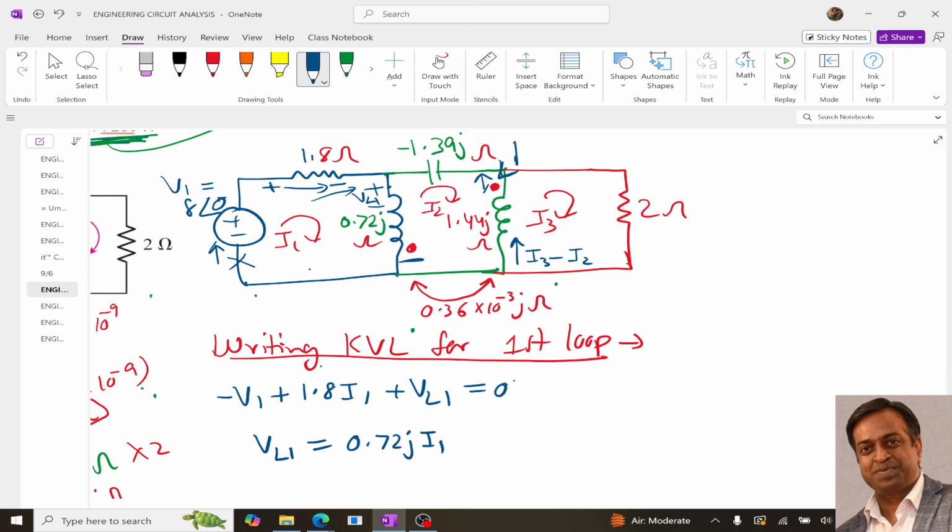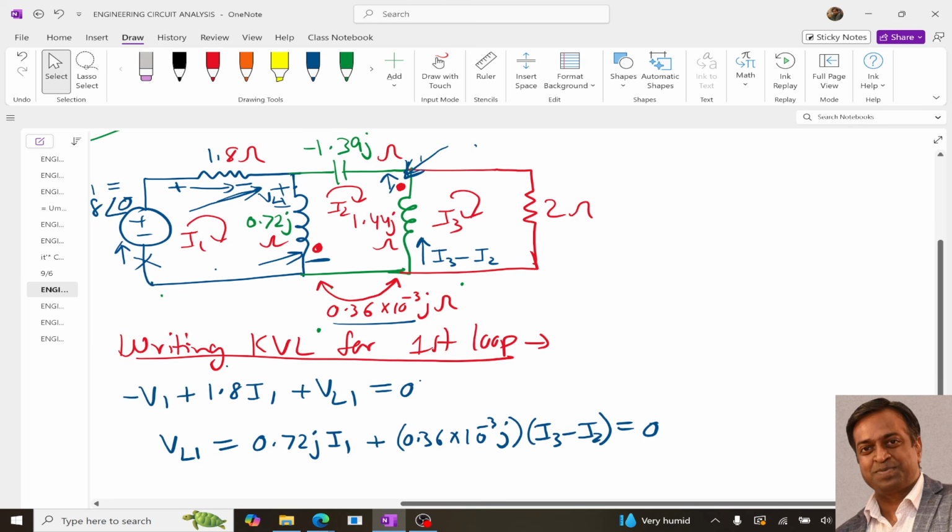If the current is in this direction, then the current is leaving this dot, so this dot will be negative, and then this VL1 will be positive, so the polarity will align. So the current is I3 minus I2, and the mutual inductance is 0.36 into 10 to the power minus 3 J, times I3 minus I2, equal to 0.